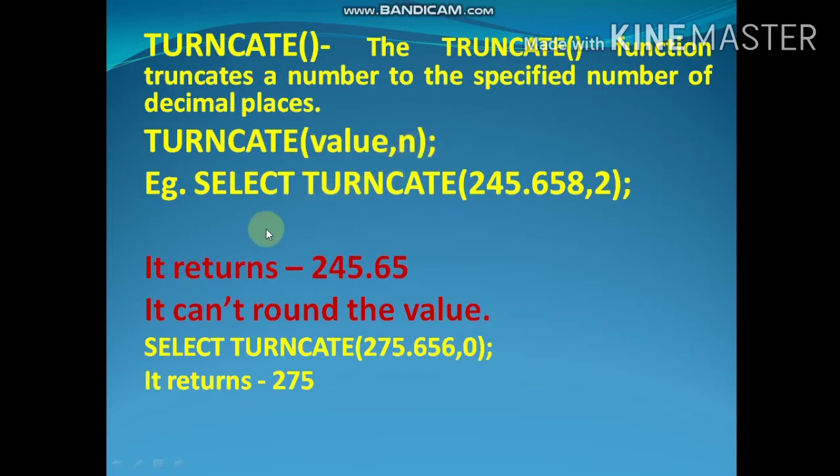For example, select truncate 245.658 comma 2, then it returns 245.65, the actual value. It cannot round the value, it displays the actual value. Suppose you give select truncate 275.656 and the value 0, then it returns 275 only. It does not round the value, it gives the original value.